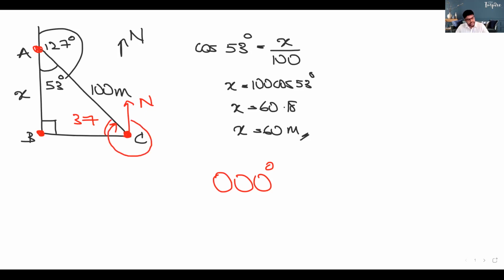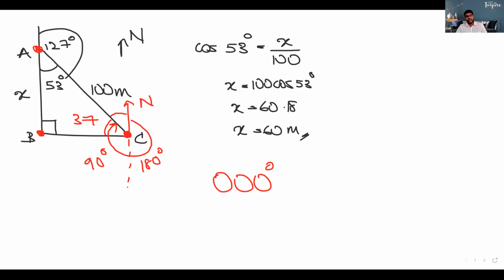What you can do is, you can find this small angle and find the rest. Or you know that this angle is going to be 180 and then this angle is going to be 90. So you can add 180, 90 and 37.